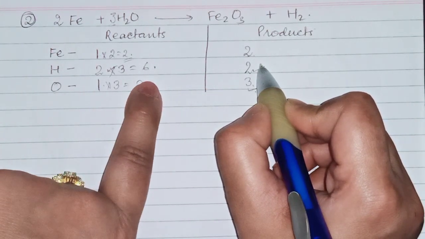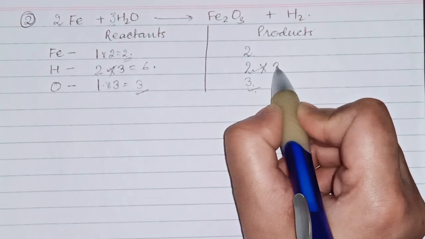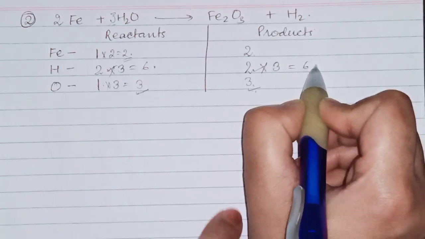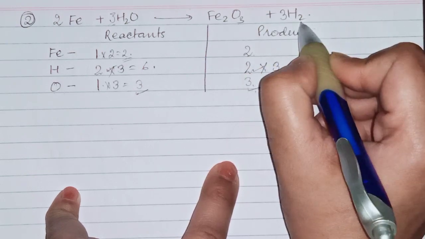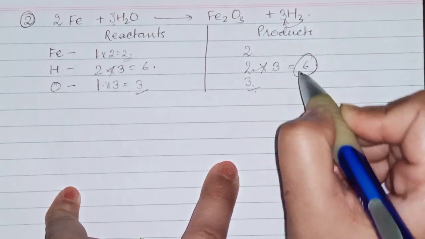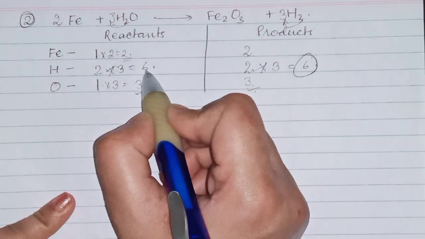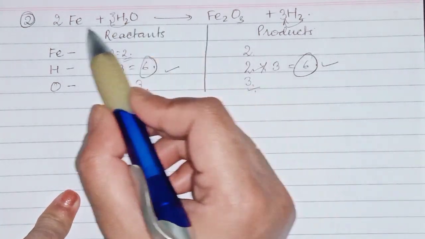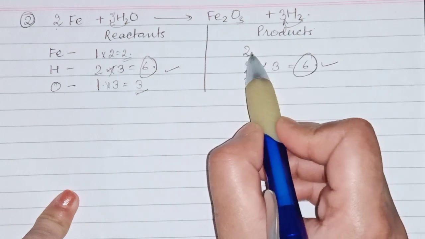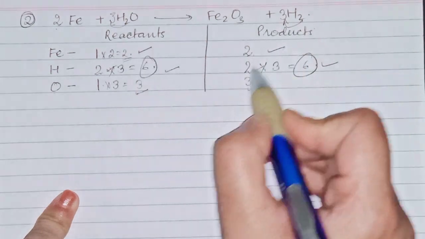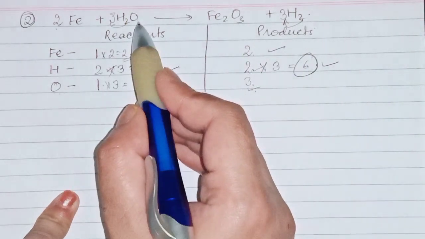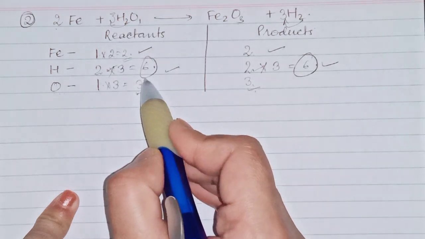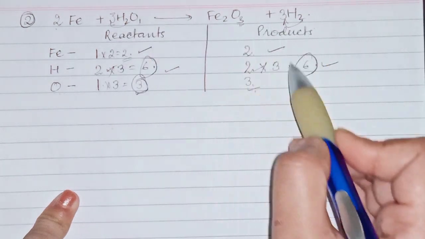To make it 6, what will we do? We will take 3. So 3 into 2 is 6. So put 3 over here. So 3 into 2 is 6 this side and 2 into 3 is 6 this side. Hydrogen is also balanced. Now iron is also 2 this side, also 2. It is balanced. Oxygen 1 into 3 is 3 this side and 3 already this side.